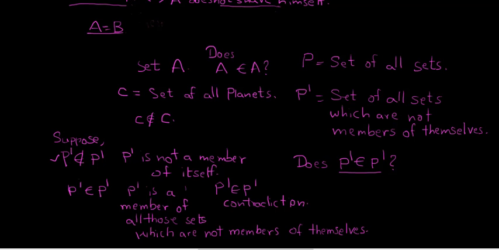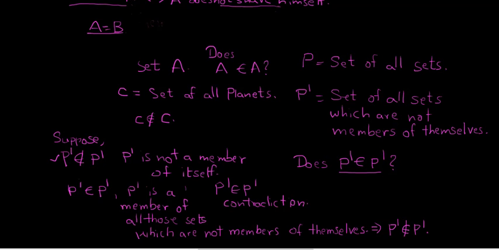So P prime is not a member of itself, so then this would imply that P prime does not belong to P prime, and again, we started out with P prime belonging to P prime, and we have a contradiction in here. So we have a paradox in here.